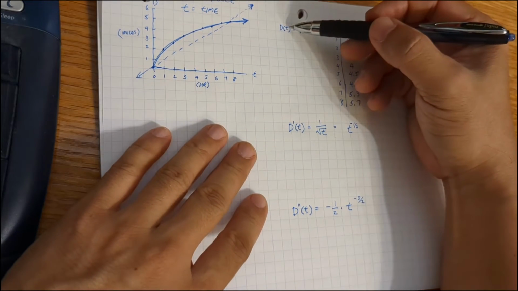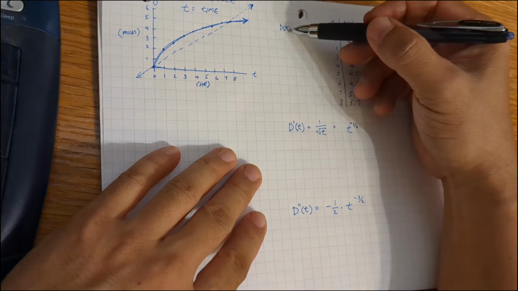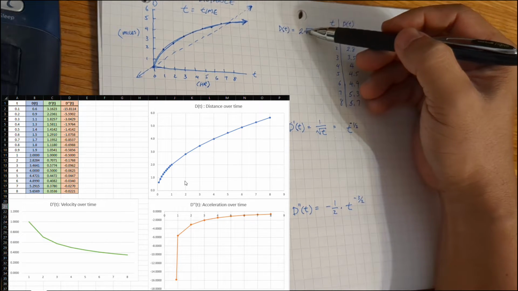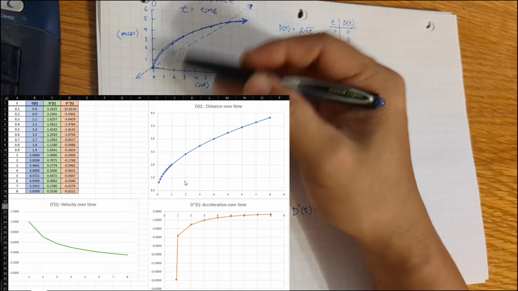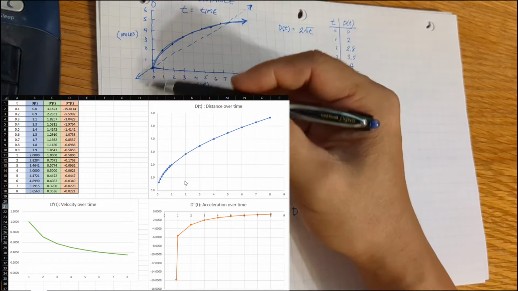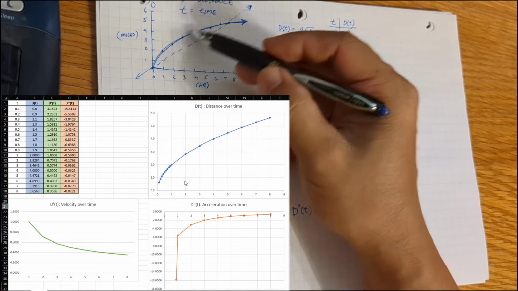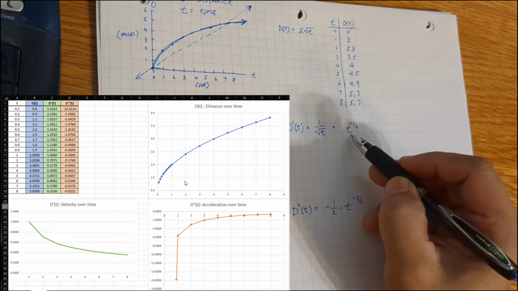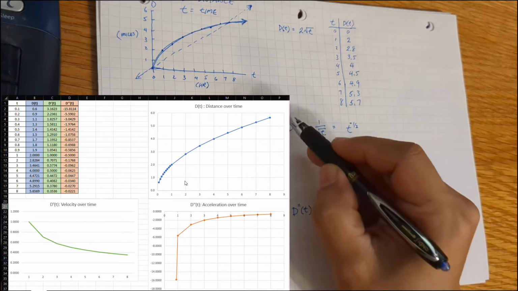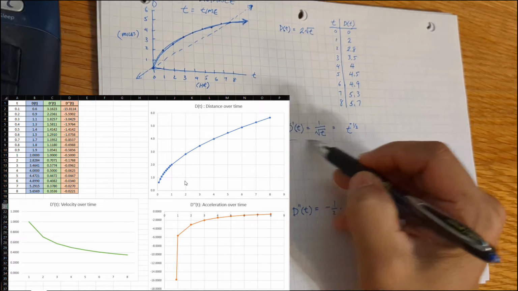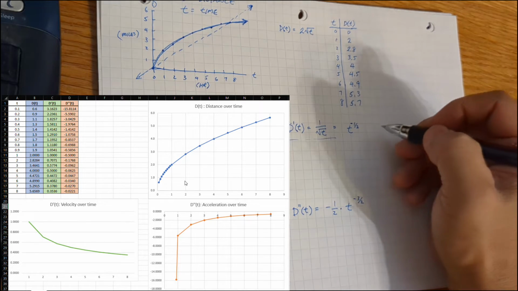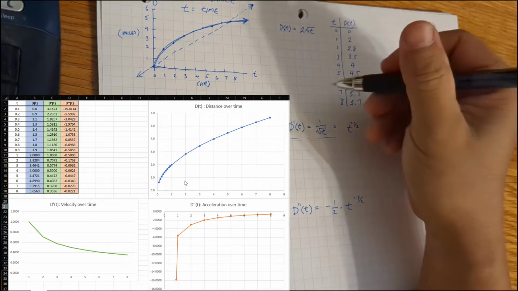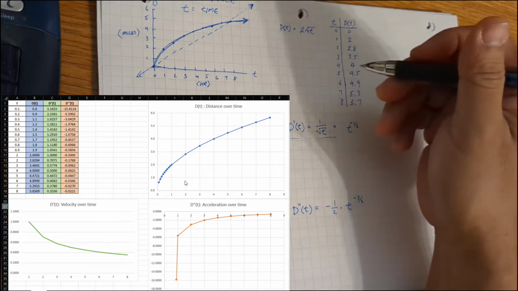So given a distance and time equation, we were able to derive the rate of change, find the slope of this line, through this formula. So maybe let's back up a little bit.